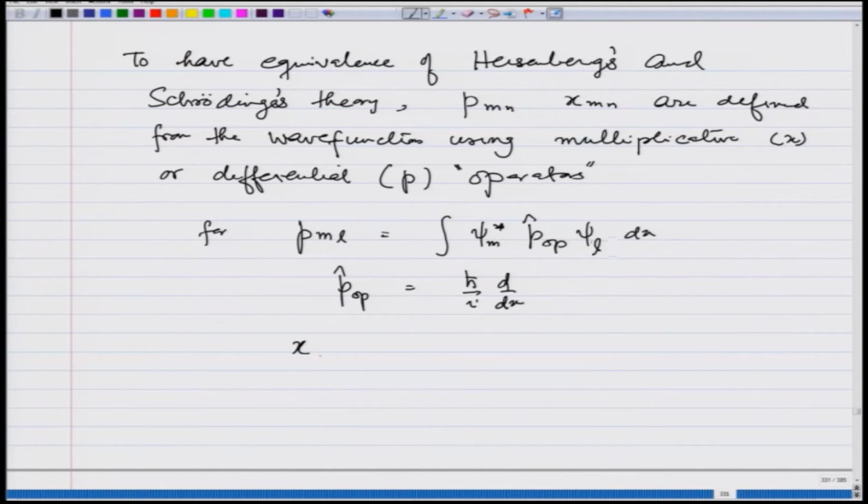For x m L, I have psi m star x operator, I put a hat, psi L dx, where x operator is nothing but just x and multiply by that. What about p square and x square? So, let us now check.